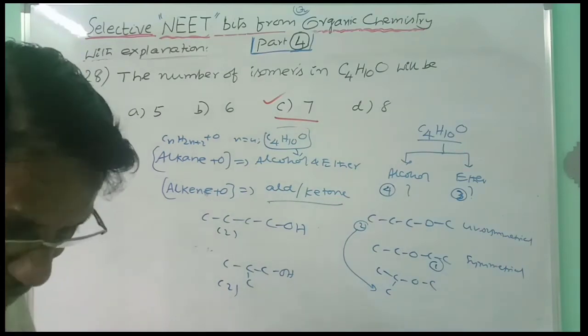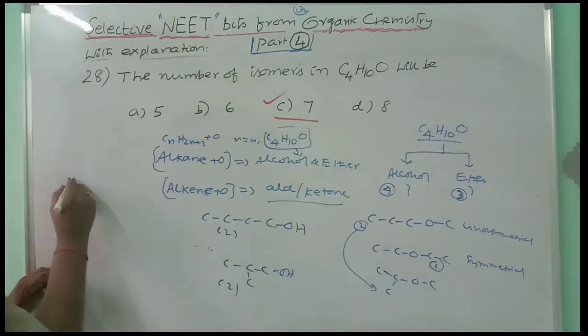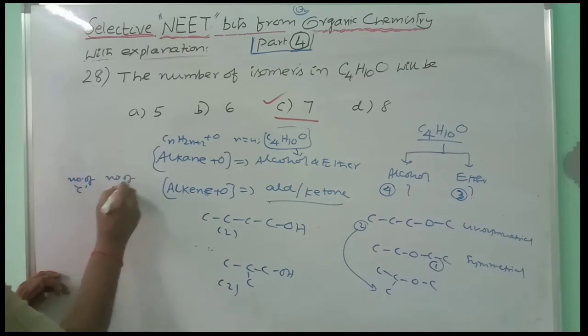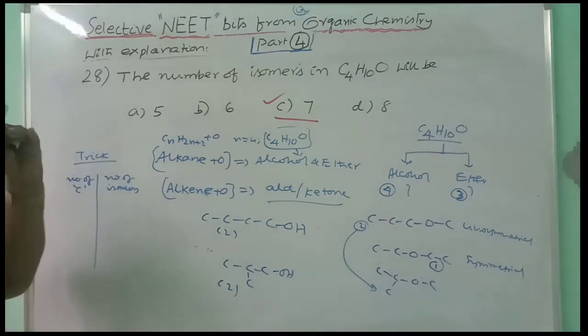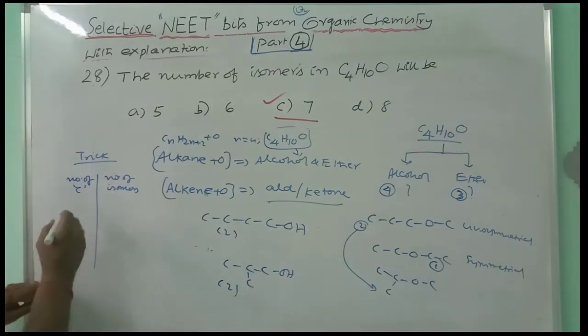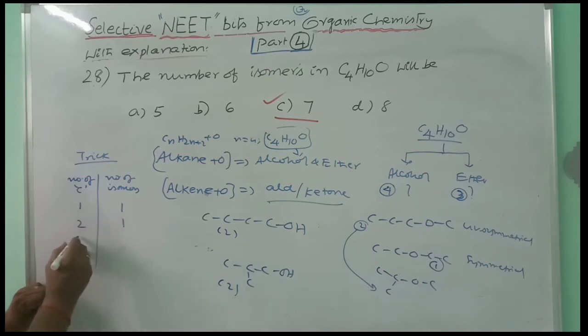And here you can follow one trick whenever a functional group is given. Number of carbons, number of isomers. This is the trick you have to follow. There is 1 carbon, 1 isomer; 2 carbons, 1 isomer; 3 carbons, 2 isomers; 4 carbons, 4 isomers; 5 carbons, 7 isomers.